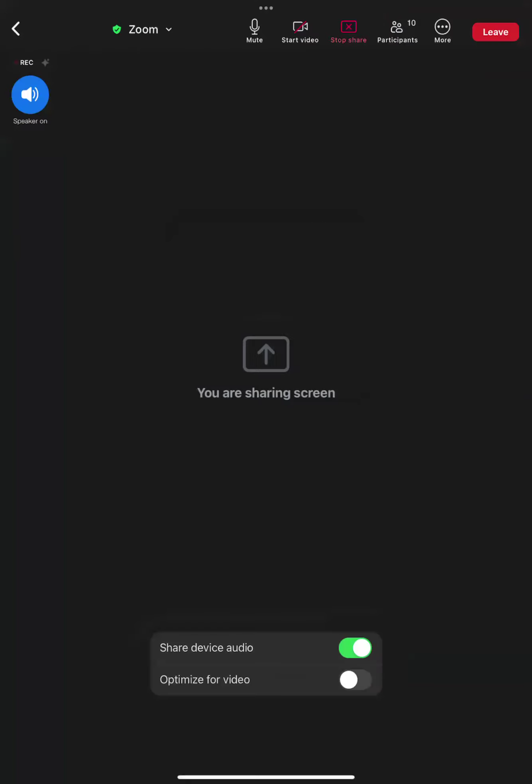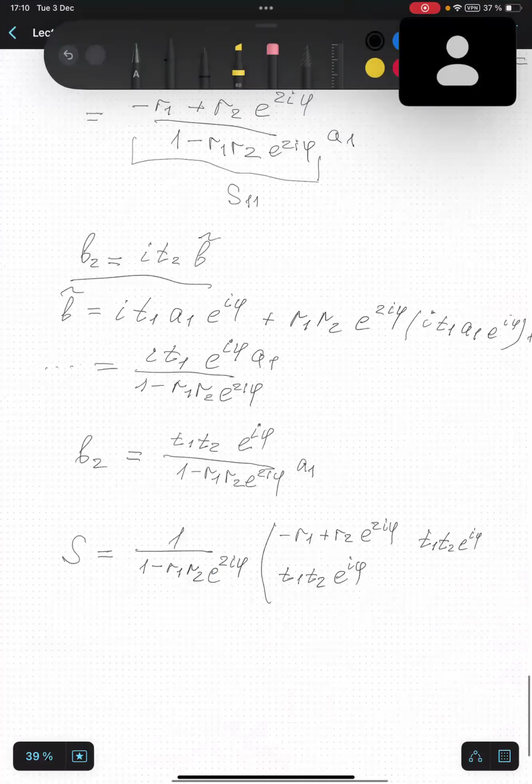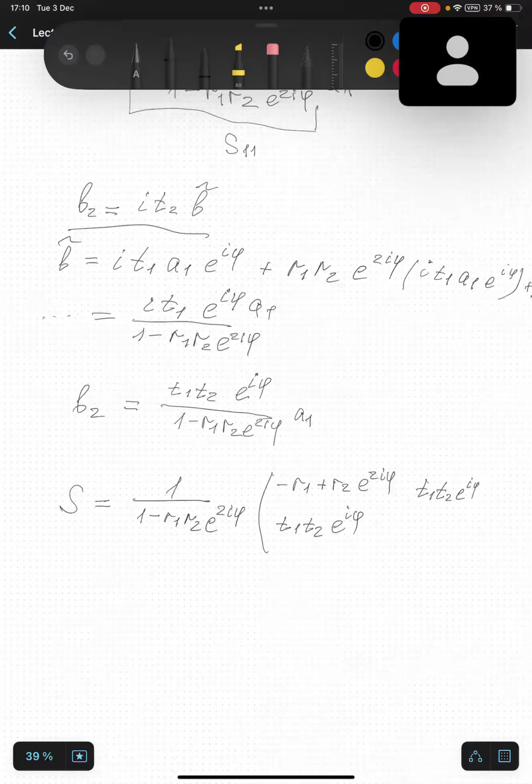So I need just a couple of minutes to finish, and we will end for now. We found this coefficient, and to find this one, you just have to solve this problem from the other side.